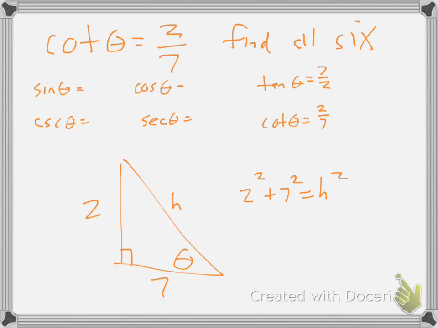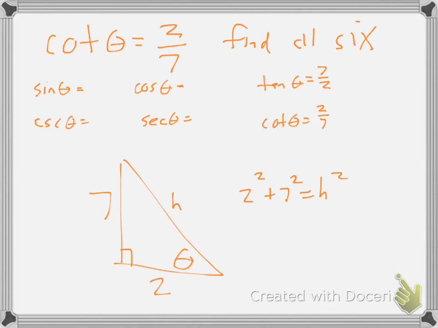The sides are wrong. I'm writing in pen. We never write in pen. Tangent is opposite over adjacent. I put the cotangent in instead of the tangent. Right. So be careful.